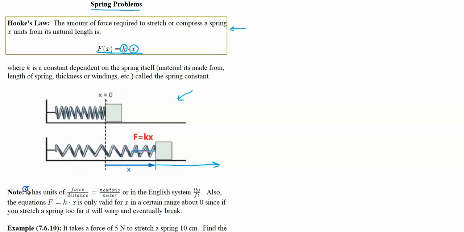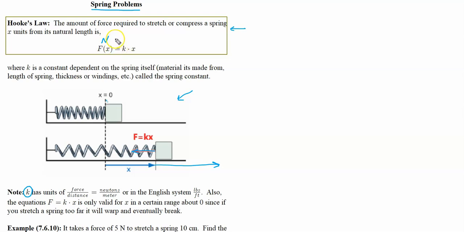Also, the spring constant k has units of force divided by distance, which in the metric system would usually be newtons per meter, or in the English system, pounds per foot. And that comes from the fact that if we look at this equation up here, force has units of newtons on this side of the equation.